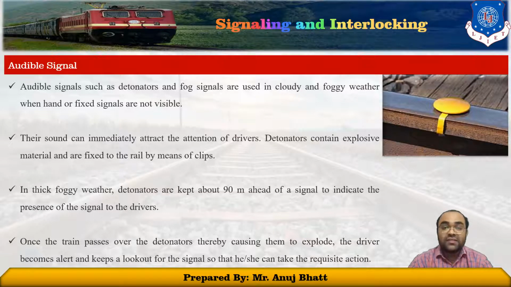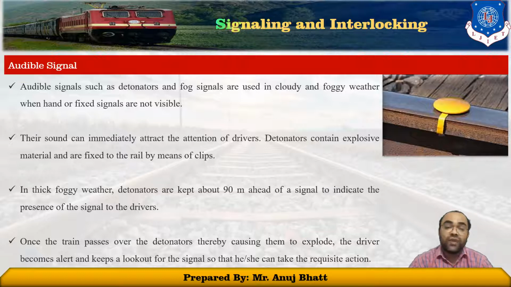These detonators contain explosive material and are fixed to the rail by means of clips. In thick foggy weather, detonators are kept about 90 meters ahead of the signal to indicate the presence of the signal to the drivers.